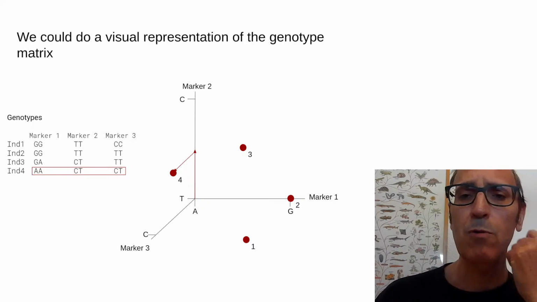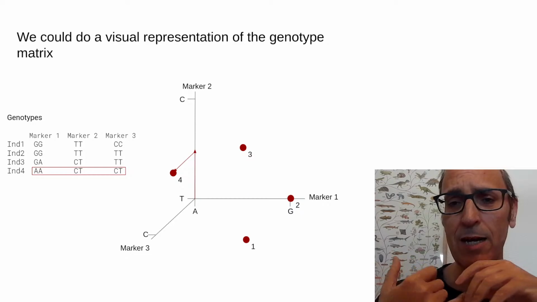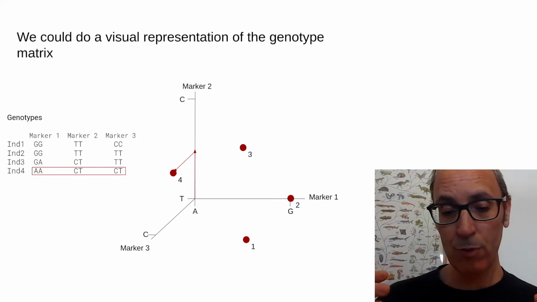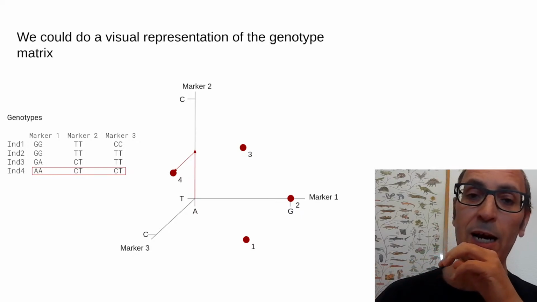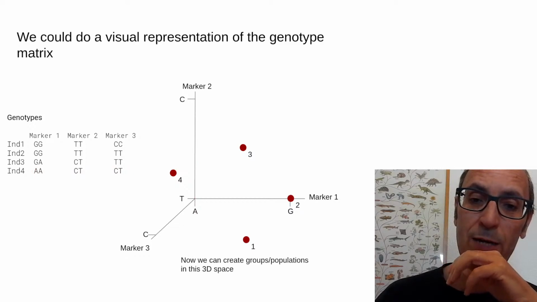And when we do that, we get our individuals in a space. This space can be used to take a look at which individuals are closer together and which individuals are farther away.